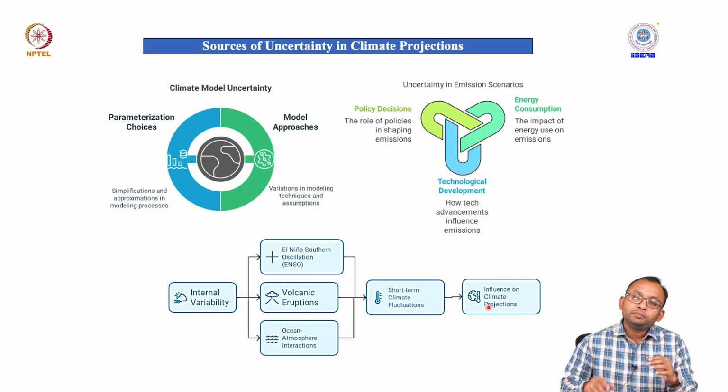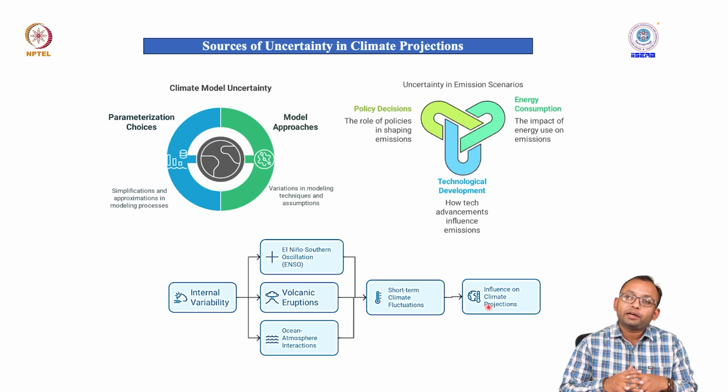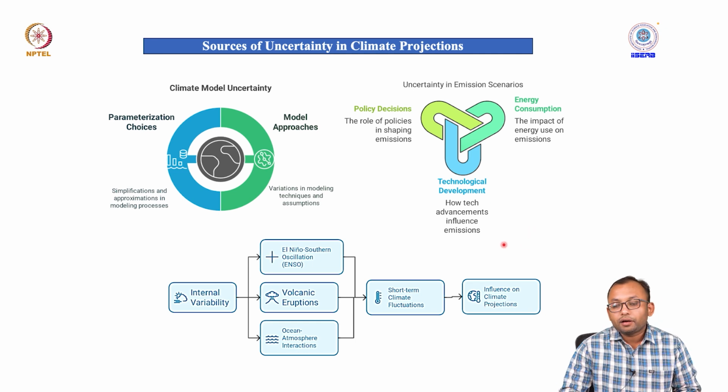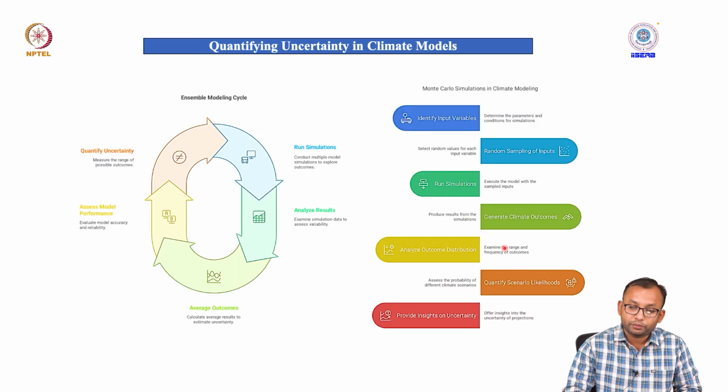So, it might be possible that we are not including these processes in simplified climate models, and therefore the fluctuations caused by these different processes might create short term climate fluctuations, which are not captured by our longer term projections of the climate. So, that is also a possible source of uncertainties in our climate projections as well.